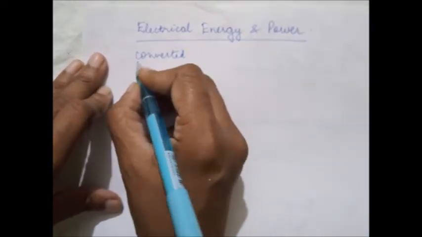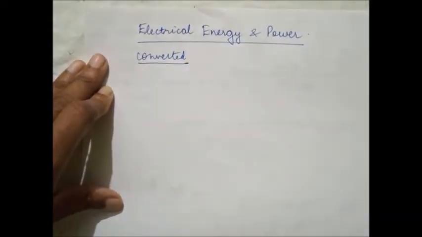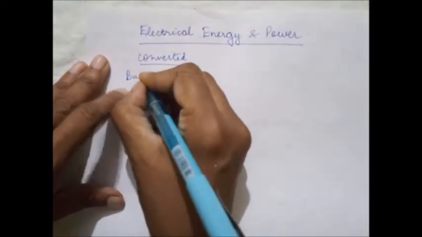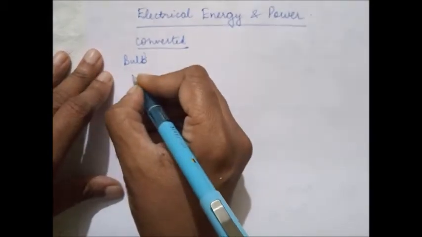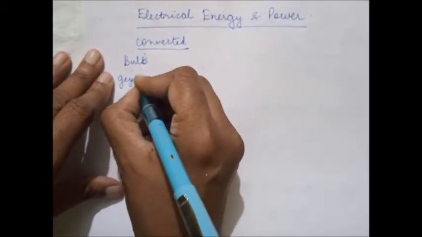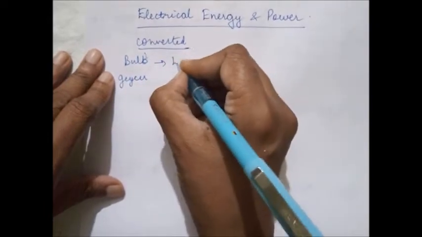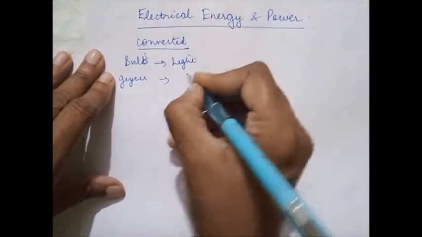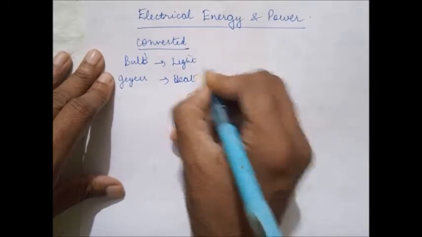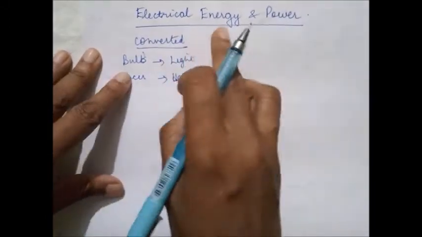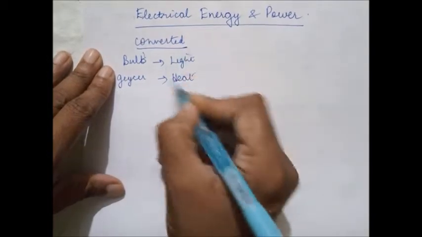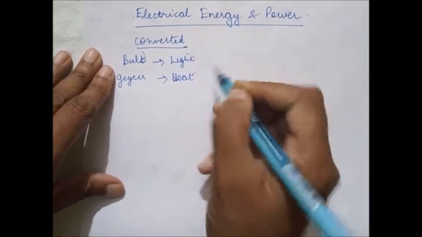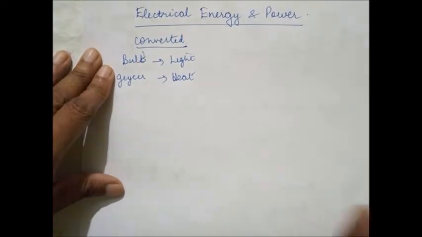So in the various applications, if it is a bulb, electrical energy is converted to light. If it is a geyser, electrical energy is converted to heat energy. So in all the practical applications, we won't be using electrical energy directly. It is always converted into some other form, and this is the practical application.